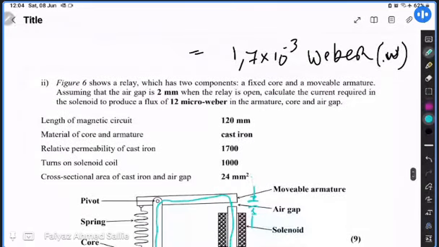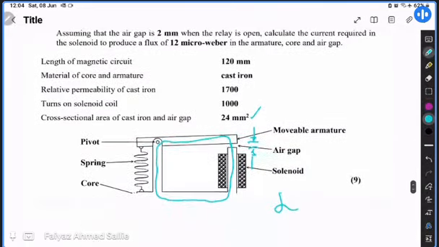Okay, so they give you the cross-section area, so you don't have to worry about the shape, but the length over here, let me just show you. Normally students would do this. They would add this length and the length of the air gap, and this is completely wrong.